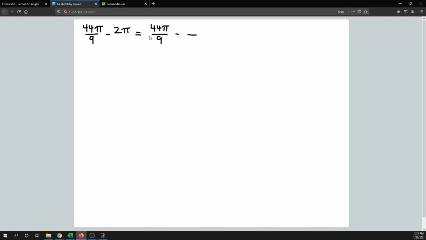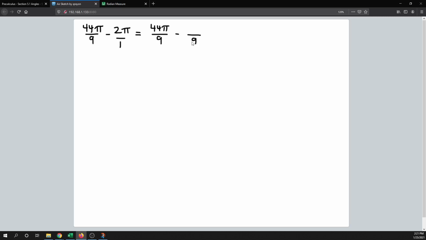In order to subtract 2 fractions, they have to have a common denominator. This 2 pi doesn't have any denominator at all, because it's an understood 1 there. So you ask yourself, what would I multiply this 1 by to get the 9 in this case? And it would be 9.